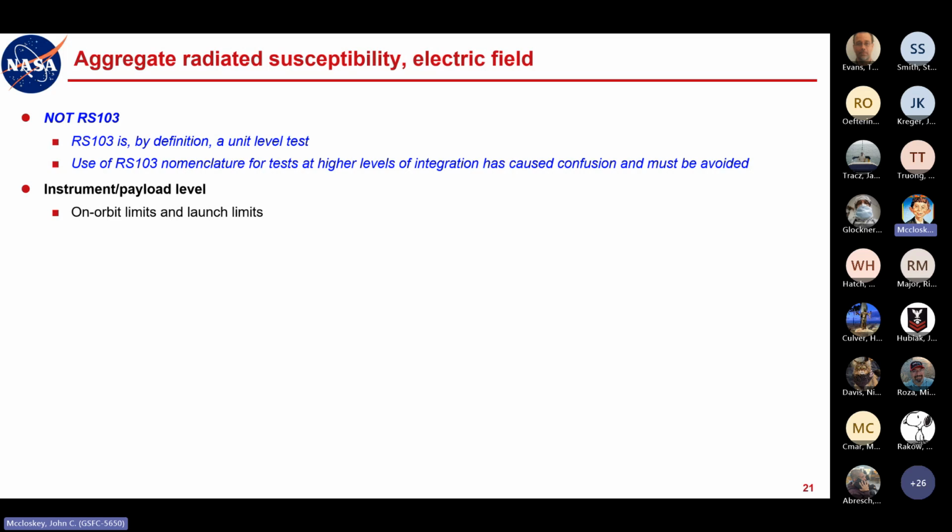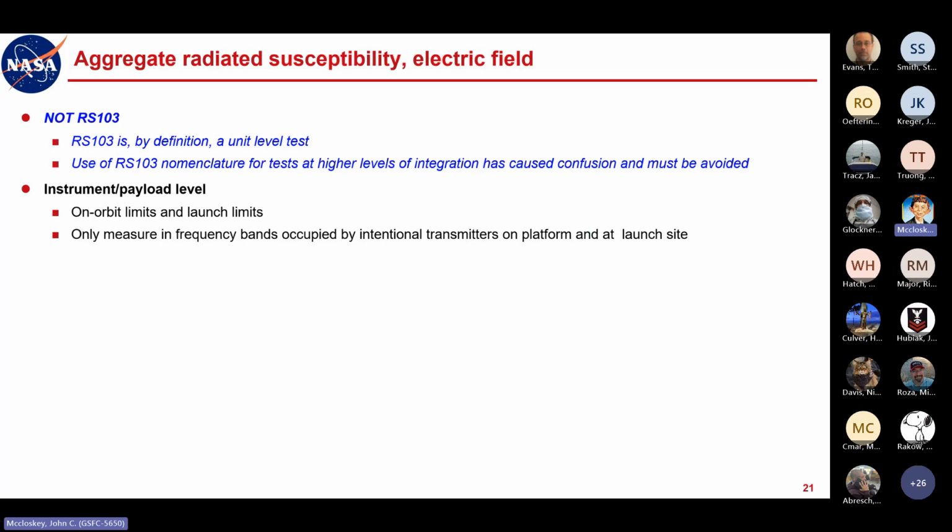So the launch limits are really survived without damage only, and that should be retired by analysis, which you should have already done by the time you got to this point. So if you've already done that, then you probably don't even need to run an RS test at launch levels. Okay, you should have already retired that risk by analysis.